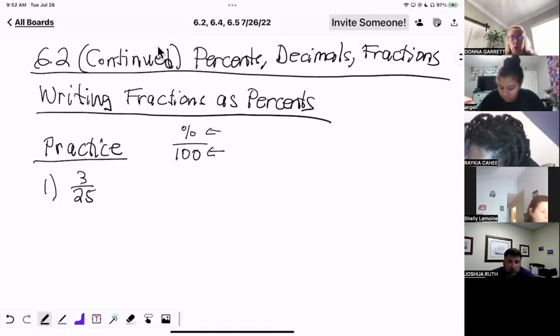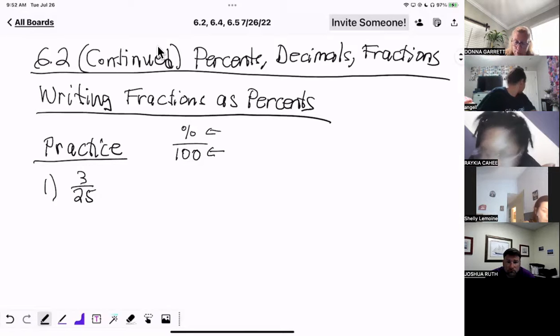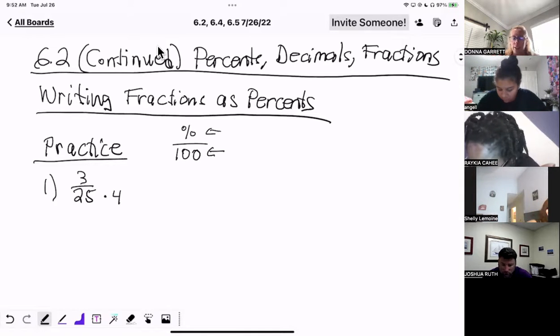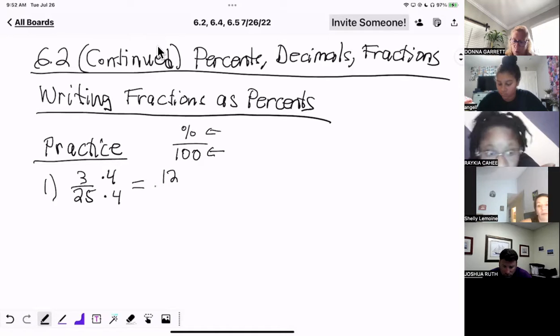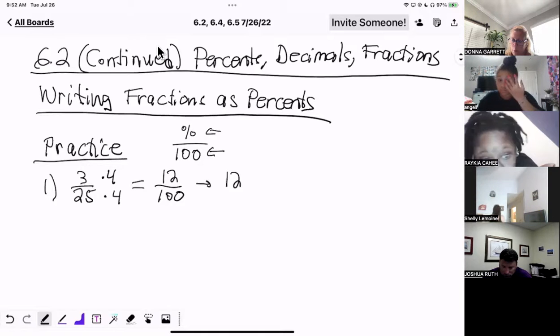So you can do this for some problems, but not all problems. 25, I can make that 100 easy. I can multiply it by 4. Just like every other fraction, whatever you do in the denominator, you want to do the numerator. And I would get 12 over 100. And that top number is your percent. That means it is 12%.